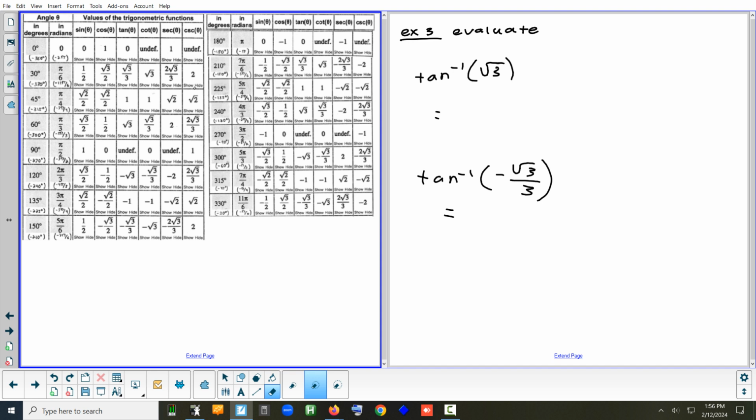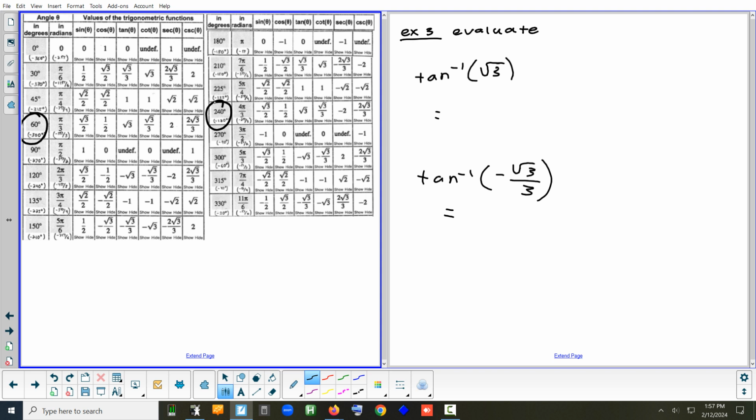We'll start with square root of 3. What are our possible choices for inverse tangent root 3? Yep. 60, negative 300, or 240, negative 120. Yep.